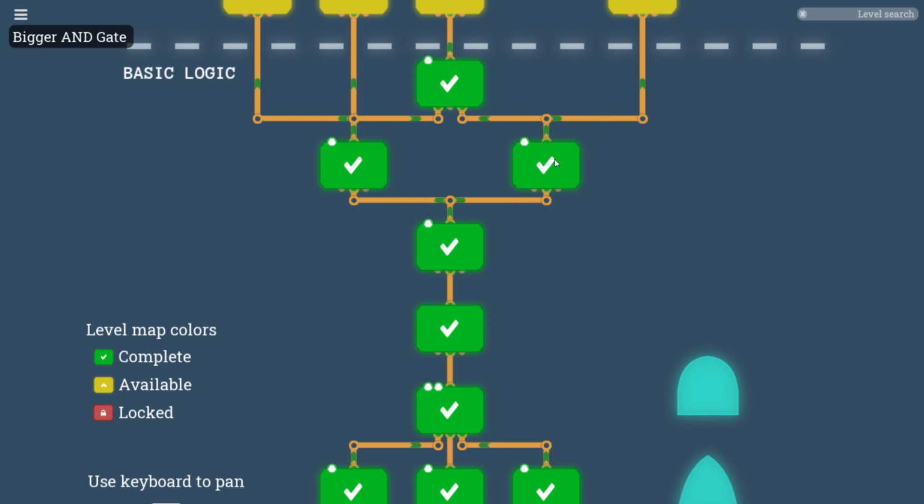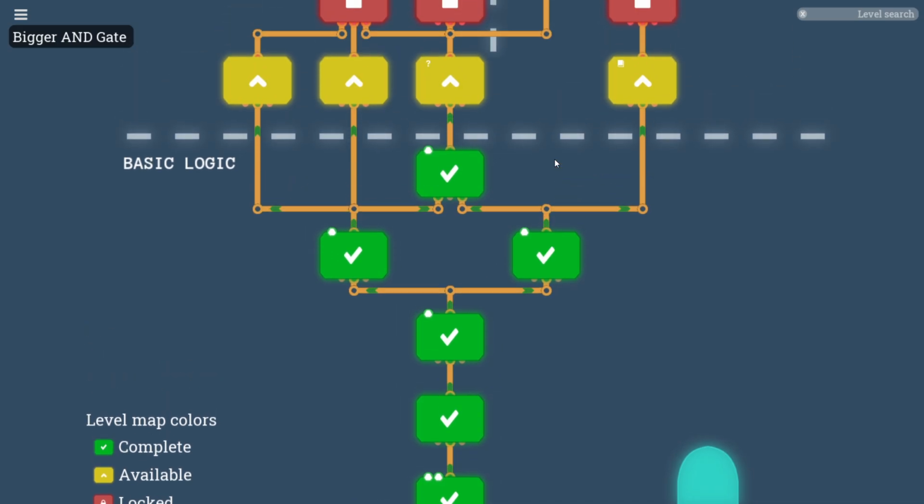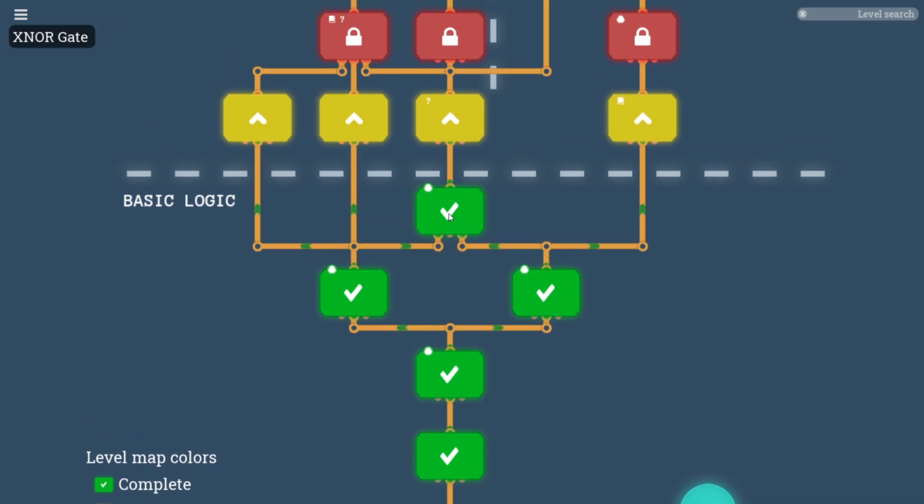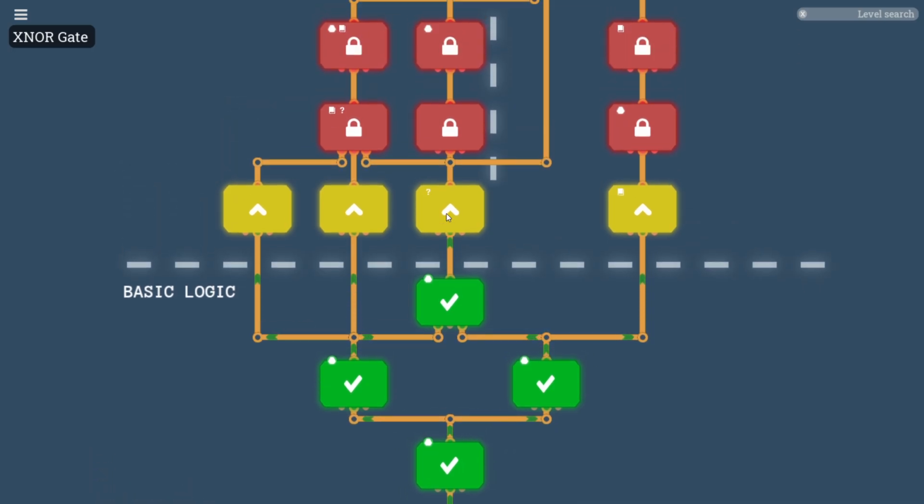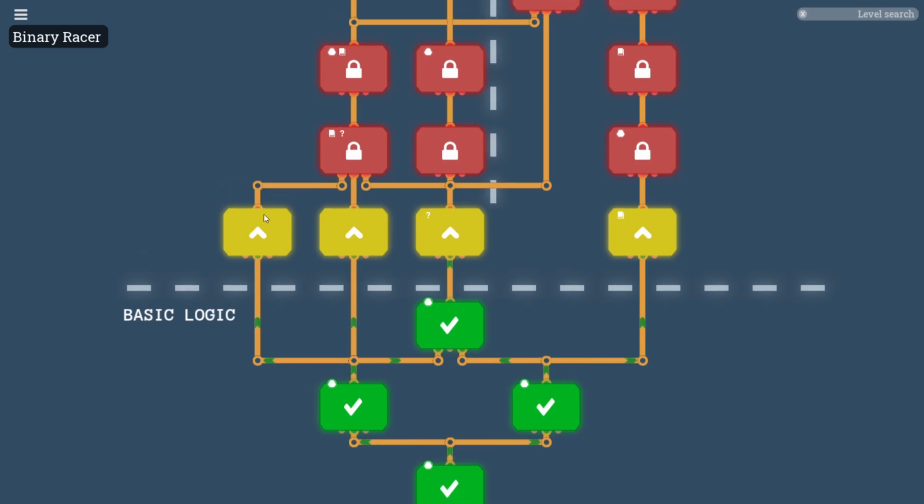And we are going to see how significant it's going to be in using these signals to represent data. We also saw an XNOR gate, and today we are going to see a binary racer.